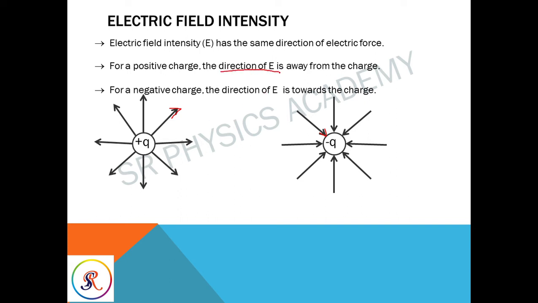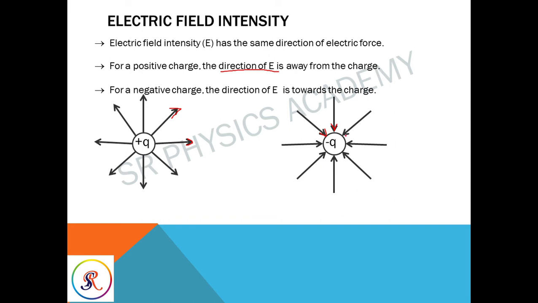Now we are going to discuss the direction of the electric field. The direction of E is away from the charge, so it is going away. This symbol means it is away from this charge. That means for a positive charge. Same case, for a negative charge, what will happen? The direction of E, the arrow, is towards the charge.